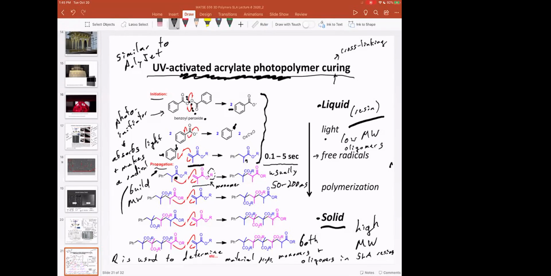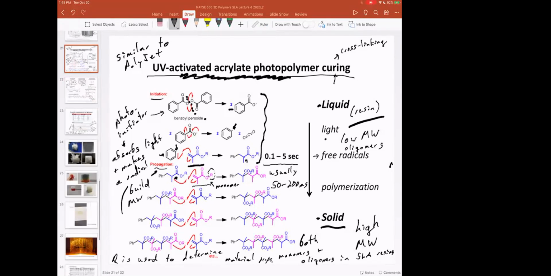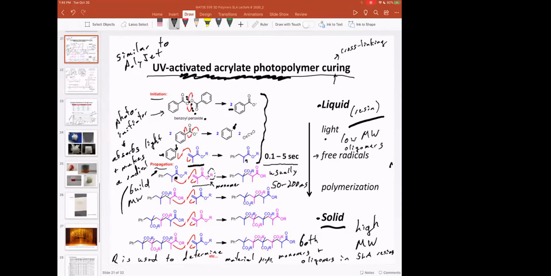Every single resin that we're going to talk about and every single resin that you can buy works on exactly this principle. It's the details of the resin chemistry that give you all the different SLA materials out there, and eventually composites, because these also serve as the binder for whatever composites we're interested in.